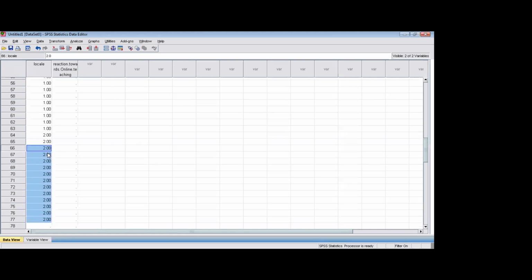So you can enter some data and then copy and paste.